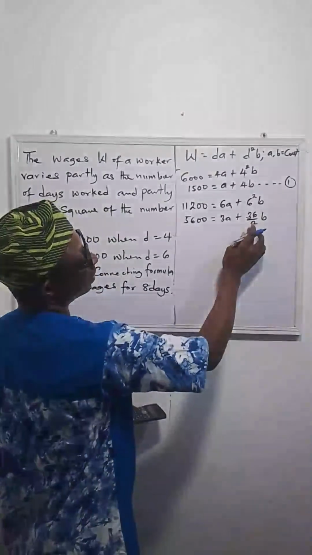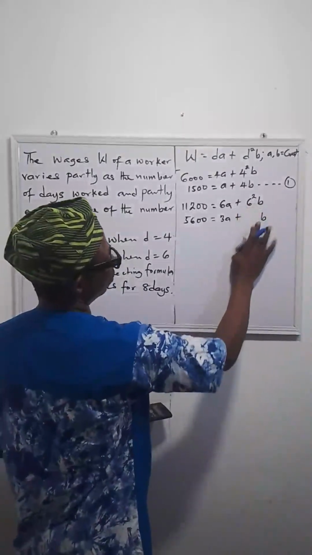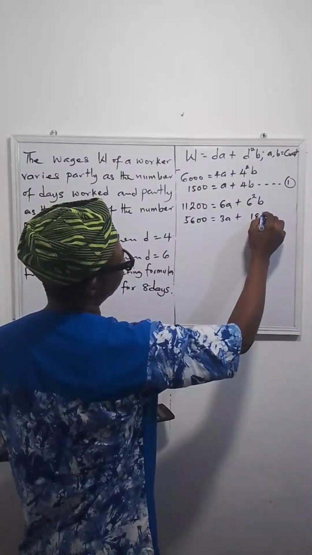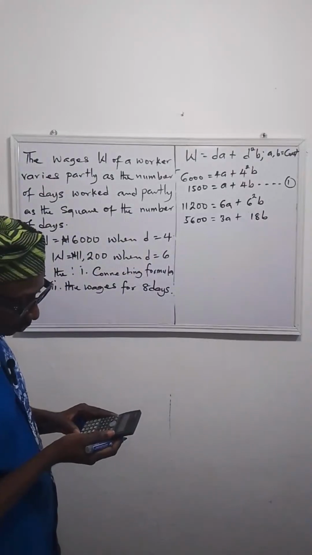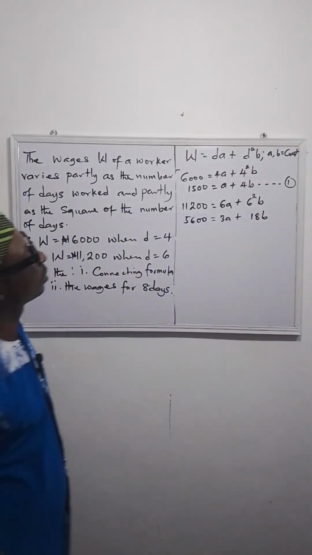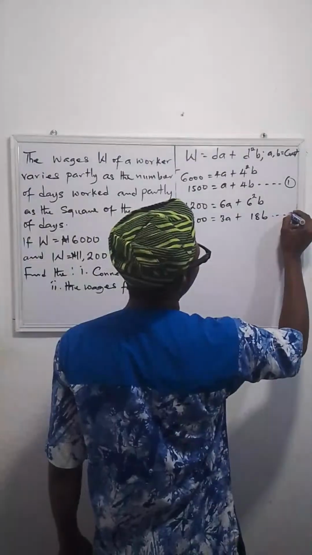When you divide 36 by 2, you have 18. So you can simply write 18B. Okay, so that is what we have there. All right, so this is going to be the second equation.